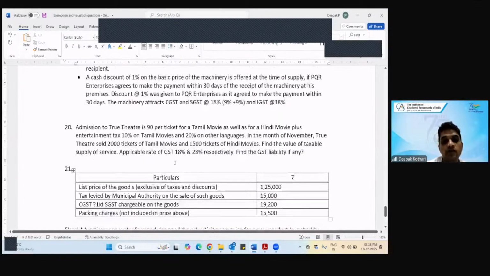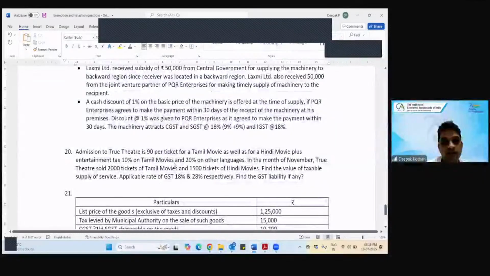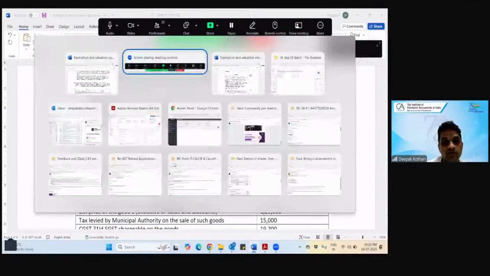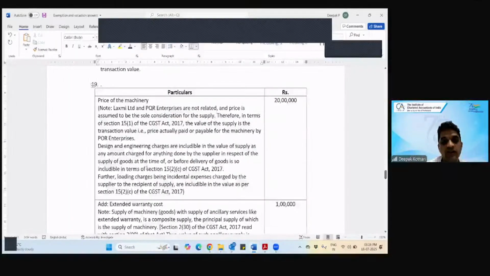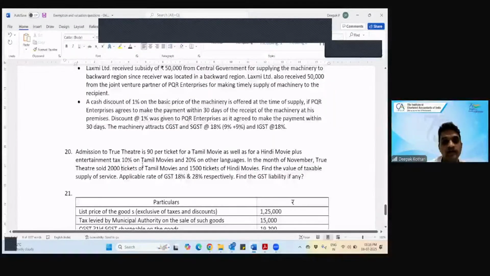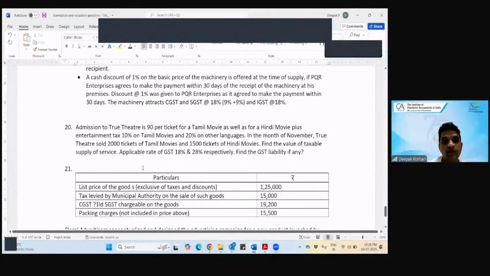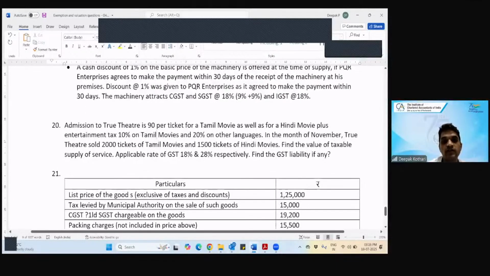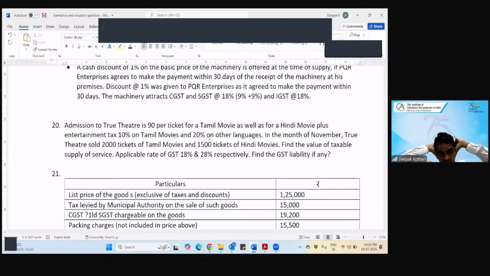Okay. We'll go to the next question. Question number 20. Admission to True Theatre is 90 rupees per ticket for a Tamil movie as well as for a Hindi movie.